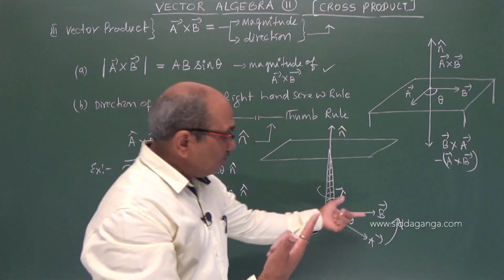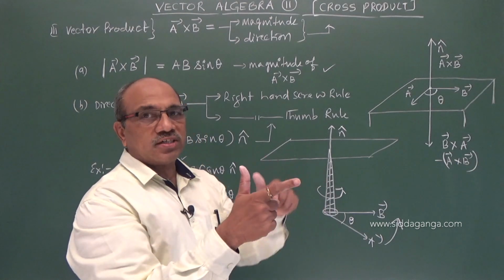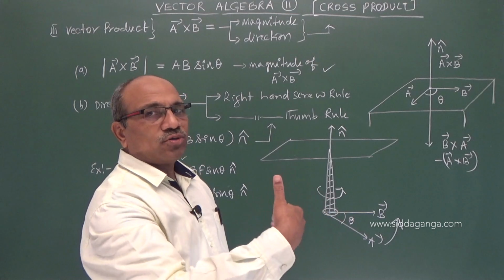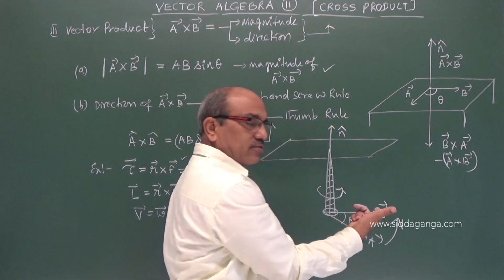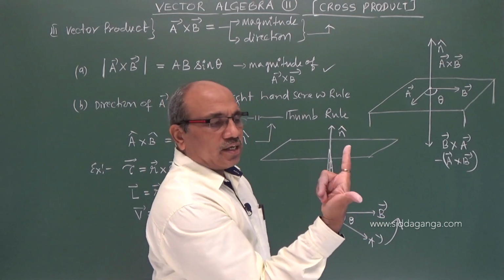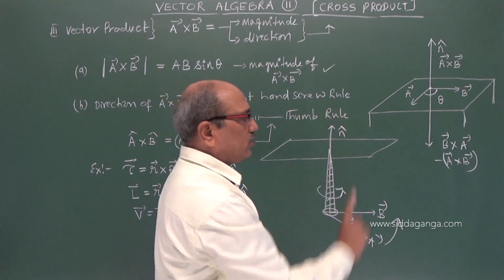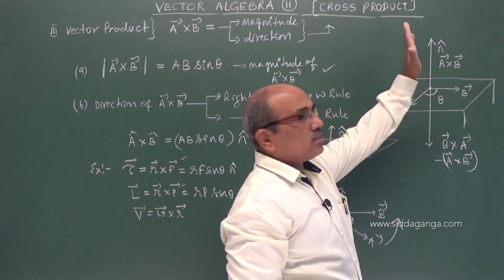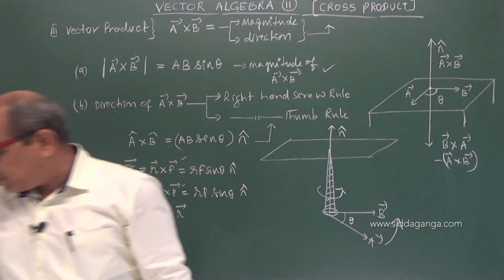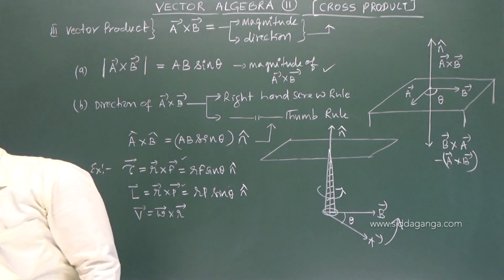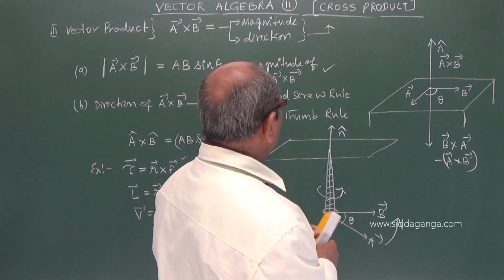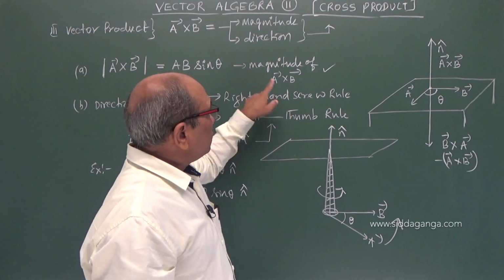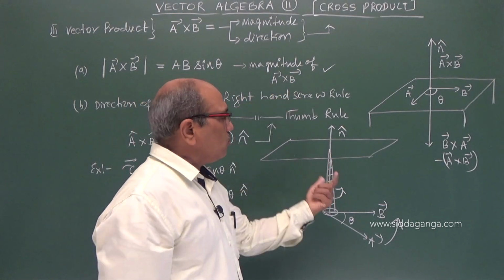And if it is reverse, if B is first and A is later, B cross A, then how do you have to turn it? B cross A means clockwise. When you turn clockwise, anti-clockwise moves up, clockwise moves down. Therefore, I showed here it is downward, that is upward. Let us take another statement. We have to turn the screw in such a fashion that we move from the first vector to the second vector.